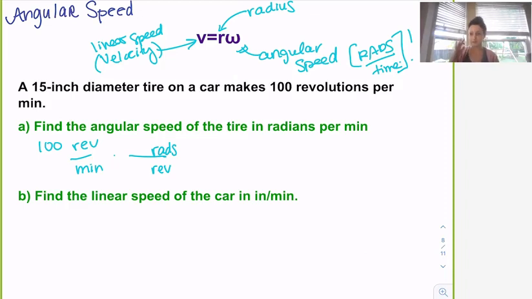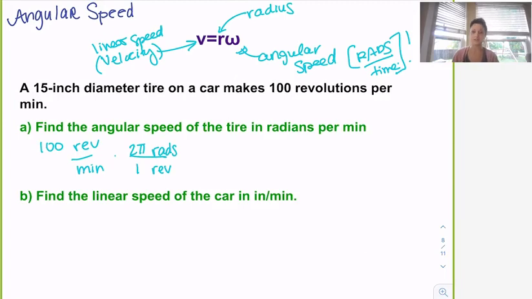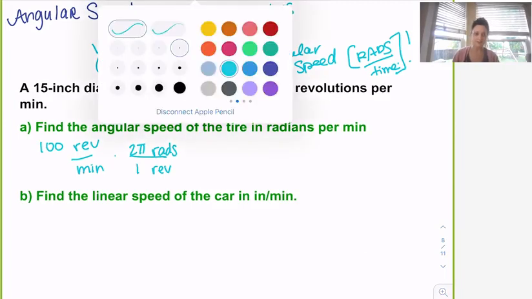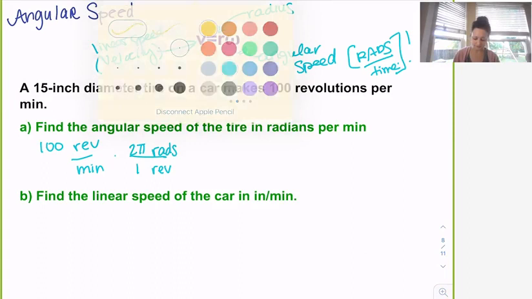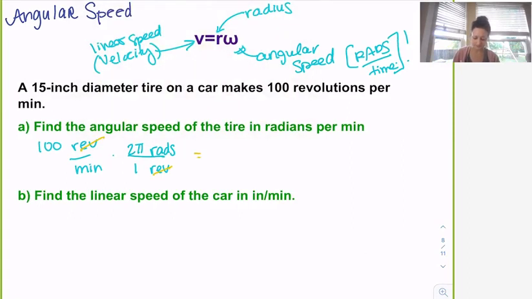Okay, so see how the revolutions are going to cancel now? So now let's fill that in. I've got, we said, 2 pi radians for every 1 revolution, right? So the revolutions will cancel, and it looks like I get 2 pi times 100, so 200 pi radians are left, as well as minutes in the denominator.